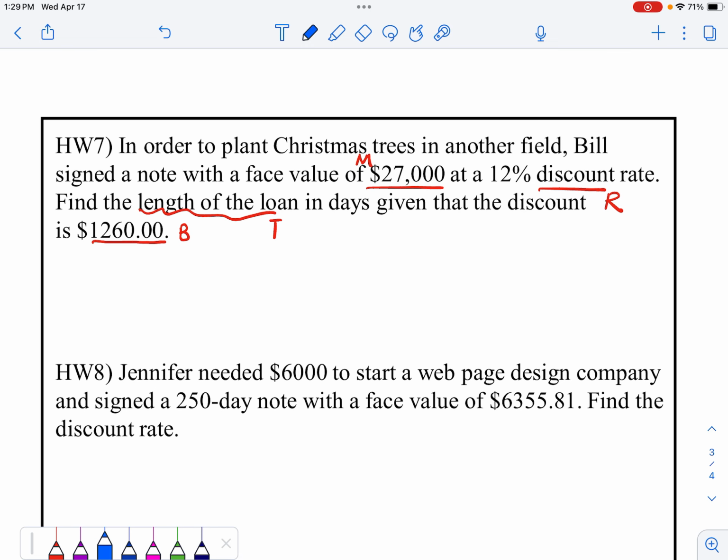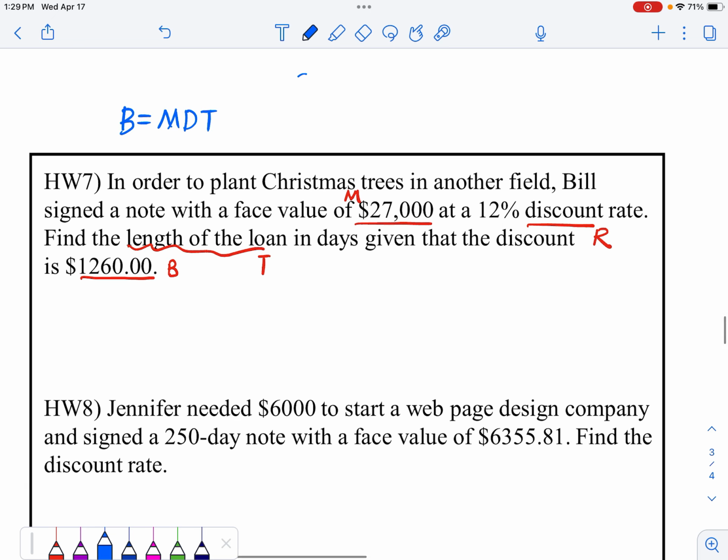Now, if you remember, B is equal to MDT. You can always create your little circle right there. So B is on top, and MDT is on the bottom. In this particular example, we are going to find the time. So hopefully you can now tell me what the formula is.